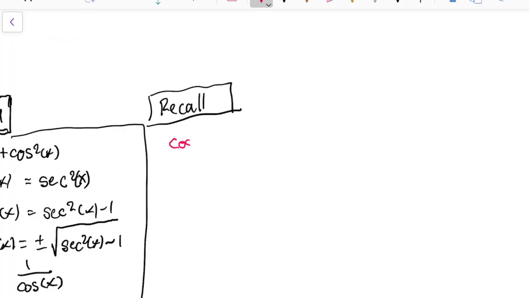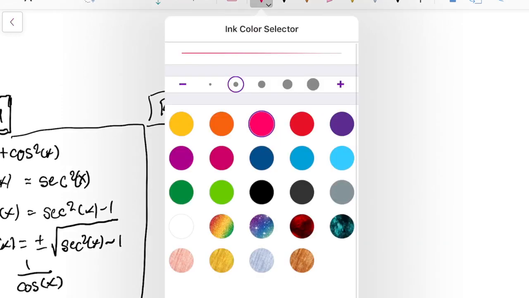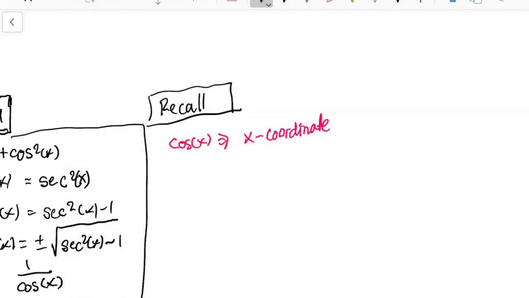We call that cosine of x is equal to the x coordinate, and the sine of x is equal to the y coordinate.